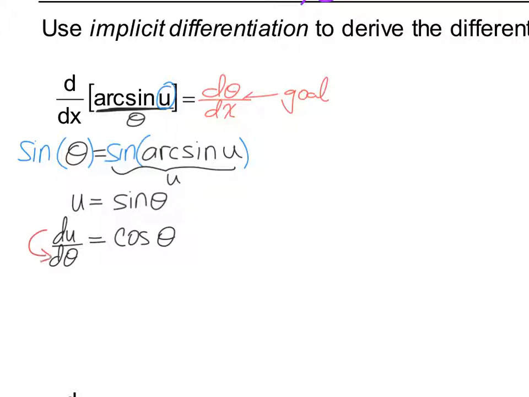So I'll do that, but I can't just do it to one side without doing it to the other. I need some x's, and I need to get rid of that du.